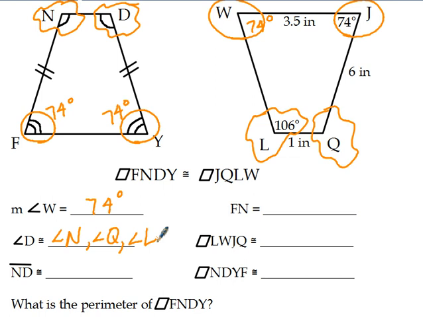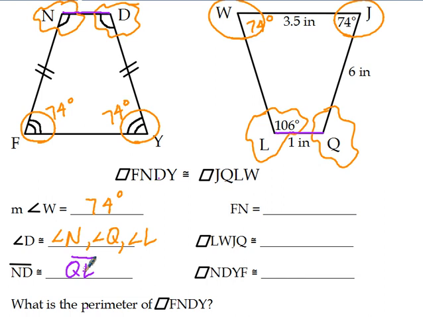Now, ND is congruent to, this one only has one option. ND is this side up here, and I can look at my congruence statement and see that ND are the middle 2, so that's the same as QL down there. So ND is congruent to QL. And again, I see the congruence symbol, so I know I want an object there, not a number.